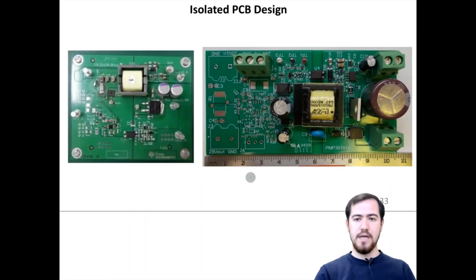Another thing we need to give some importance is the PCB design for isolated structures. Here are two examples. We are seeing a transformer connected between the primary and the secondary side, and it is available for that PCB as well.